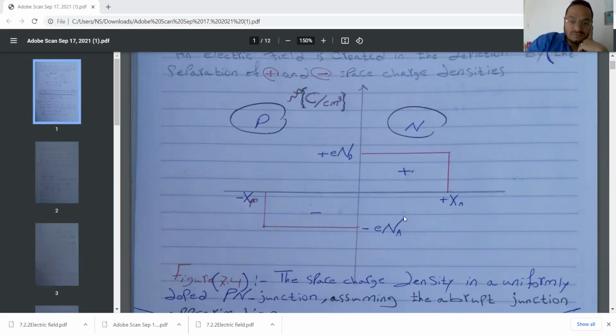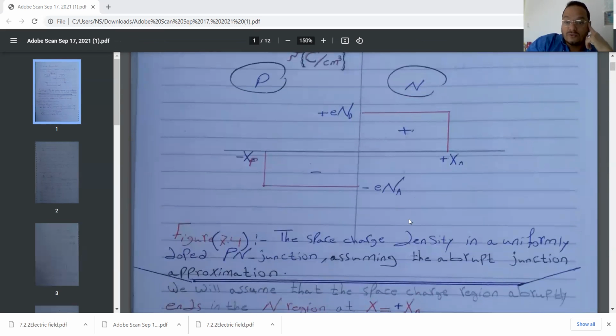in this diagram 7.4, in the n side x will equal plus xn, and in the p side x will be different, equal minus xp. And like we said before, xp is actually a positive quantity.